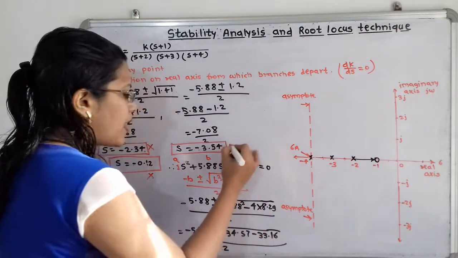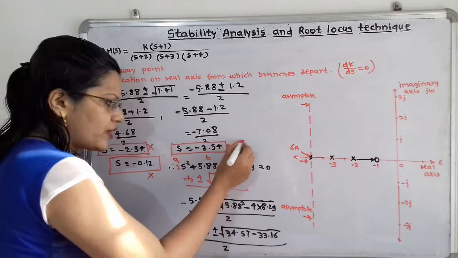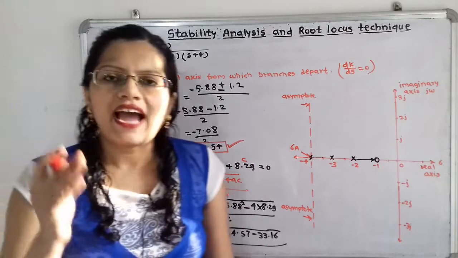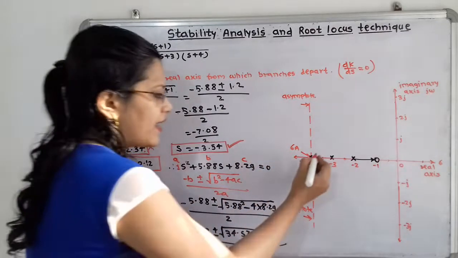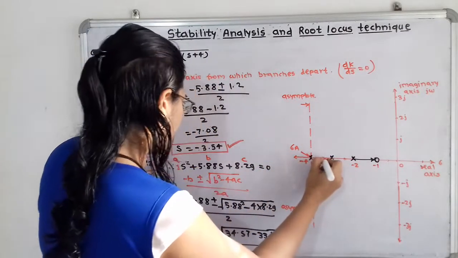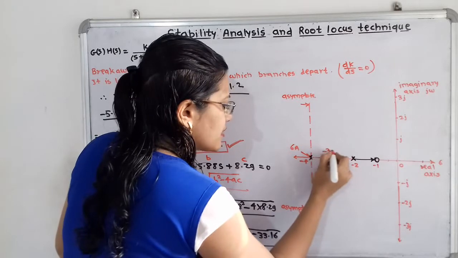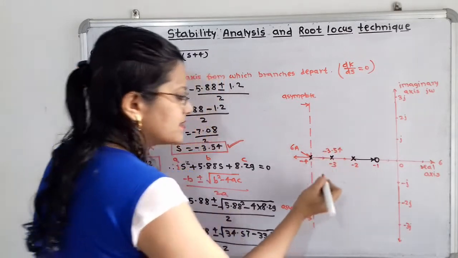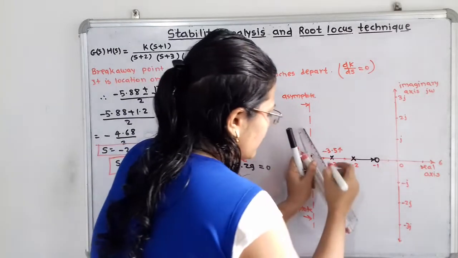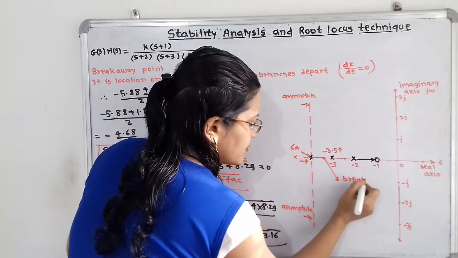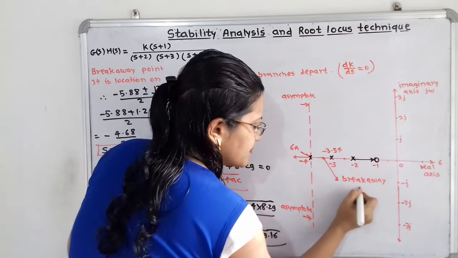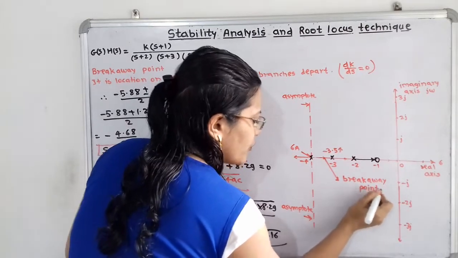So this point is part of the root locus and we will select this point as the breakaway point. So I will write here, this point is minus 3.54 and this is the breakaway point.